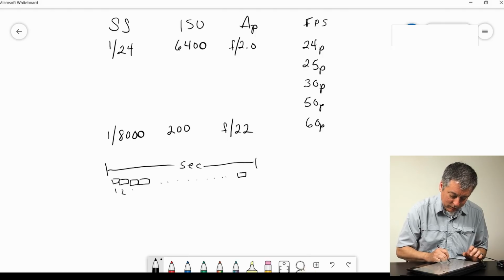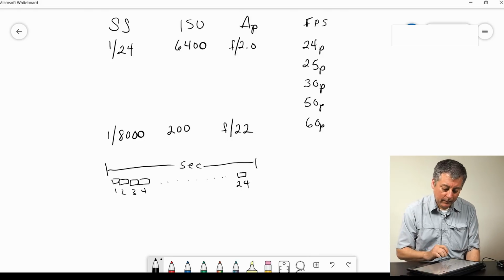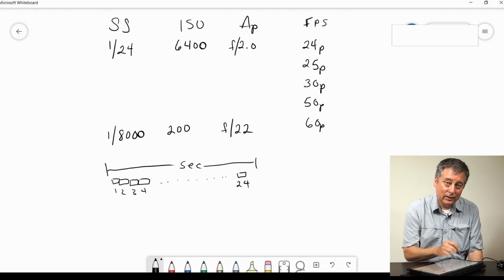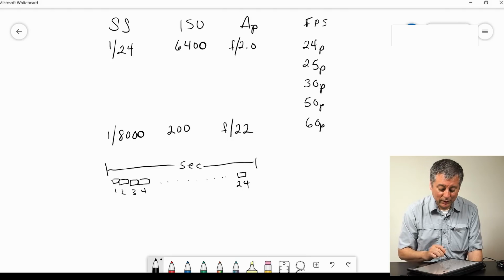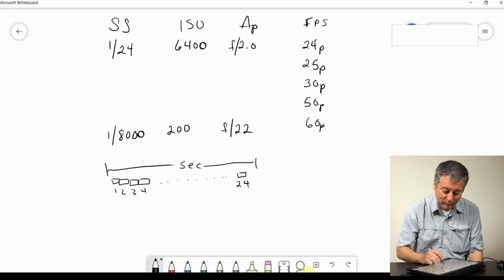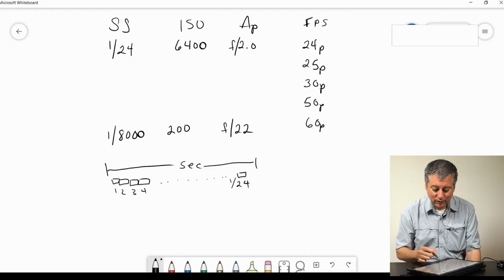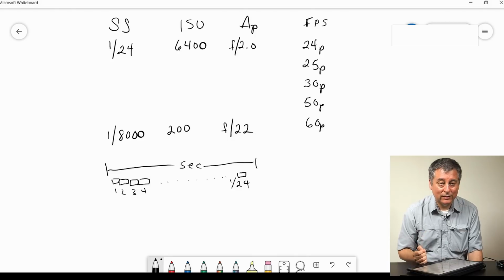So 1, 2, 3, 4, all the way up to 24. And that's why our shutter speed is limited to 1/24th of a second: we can't use a shutter speed slower than our frame rate, because each frame is 1/24th of a second. So that's why the shutter speed is limited to that.